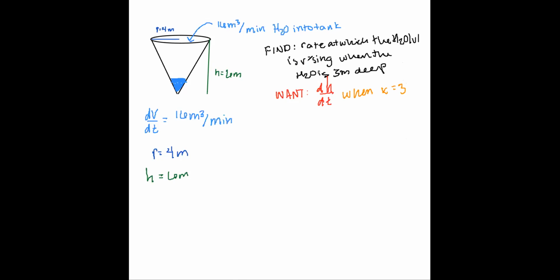We need an equation that can link this all together. What would be an equation that would link this all together? The volume of a cone. Does anyone know what the volume of a cone is?